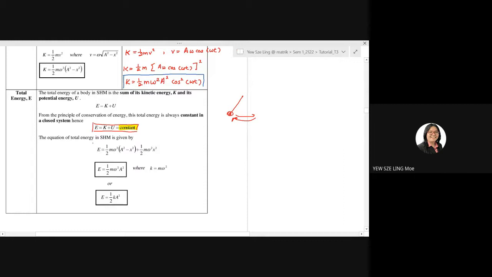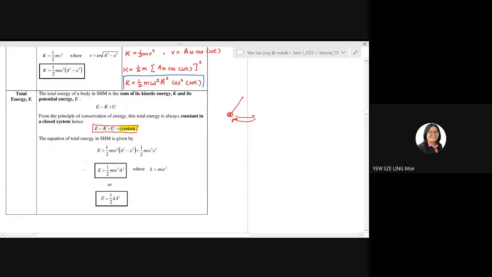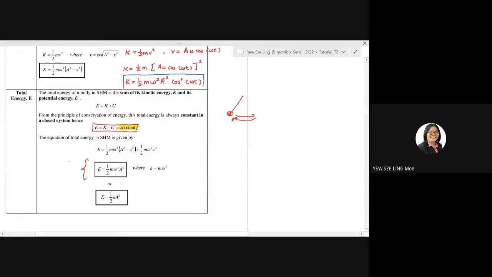So for the equations of simple harmonic motion, if you add them up, if you use 1 over 2 m omega squared (A squared minus x squared) plus 1 over 2 m omega squared x squared, eventually you will obtain the equation E equals 1 over 2 m omega squared A squared. Now, if you notice, this equation doesn't depend on time, and it also doesn't depend on the displacement.